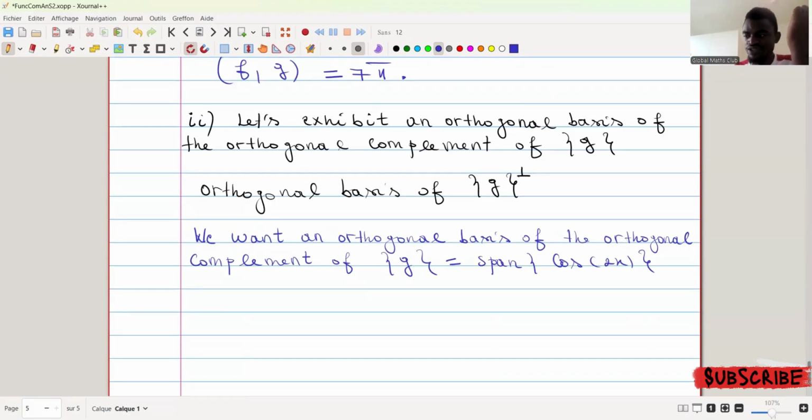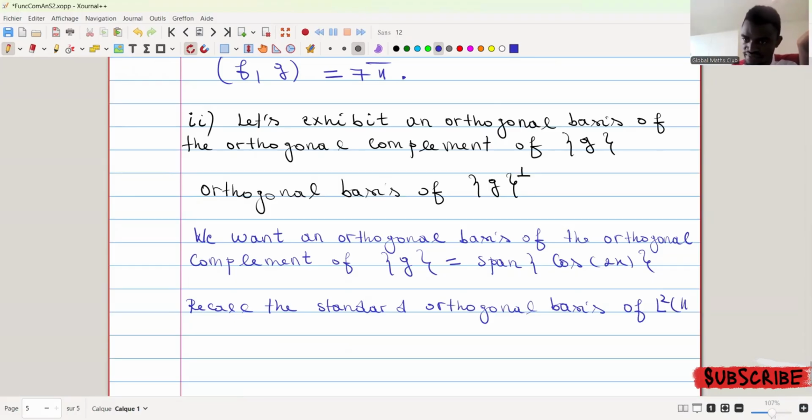So to do this, we are going to recall something. Recall the standard orthogonal basis of L2 of this: 1, cosine nx, sine nx, with n greater than or equal to 1.